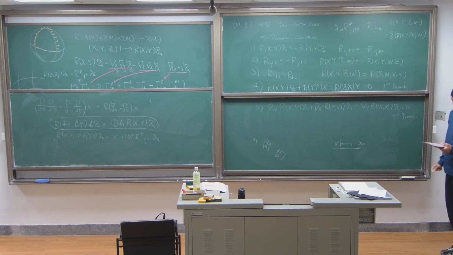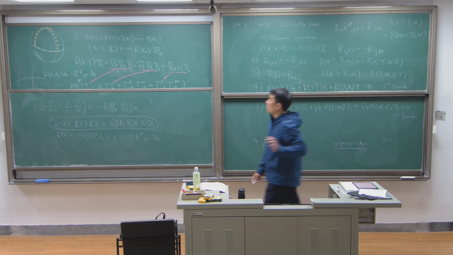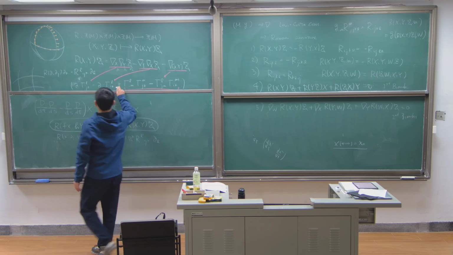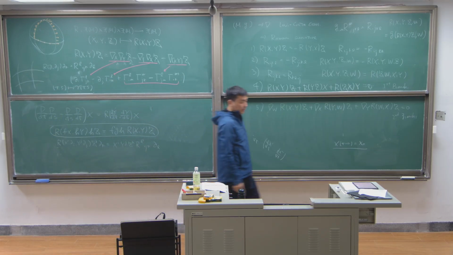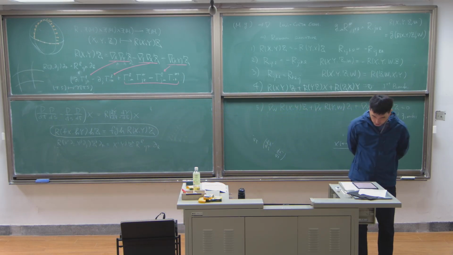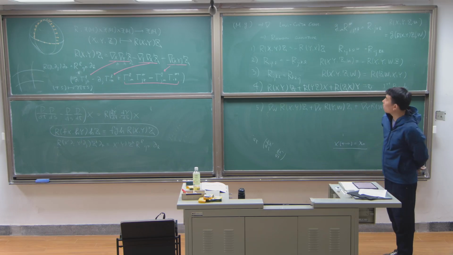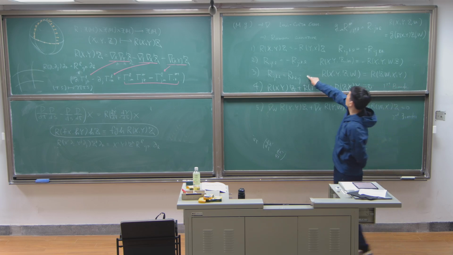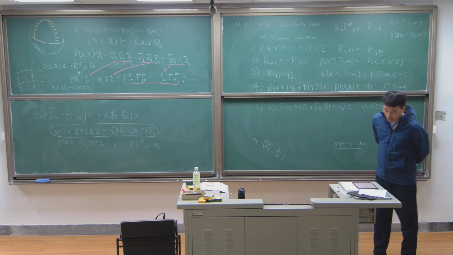The derivation is quite straightforward. If you use the definition of Christoffel symbol and use the differential curvature, one can derive all the properties, which I leave to you as an exercise. In terms of local coordinates, it's just equivalent. This one is equivalent to this one. This one is equivalent to this one.